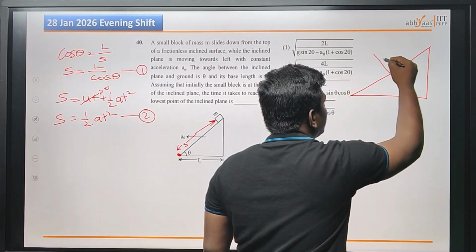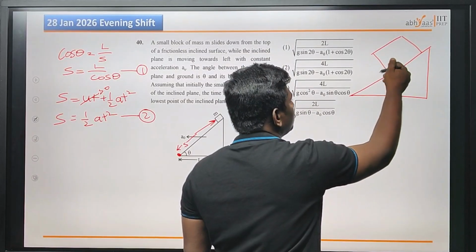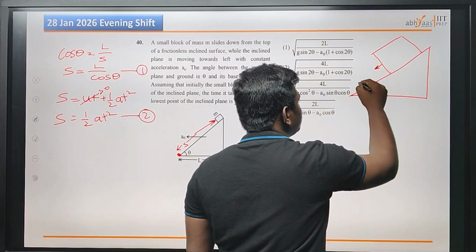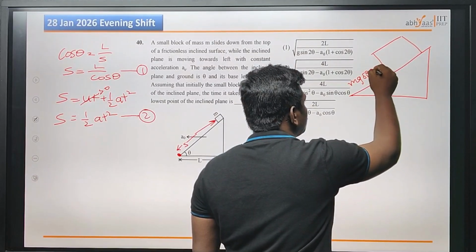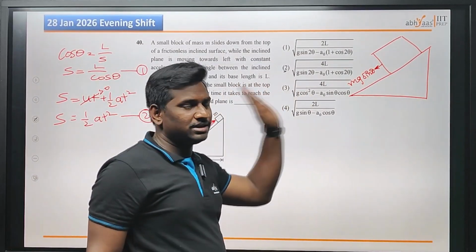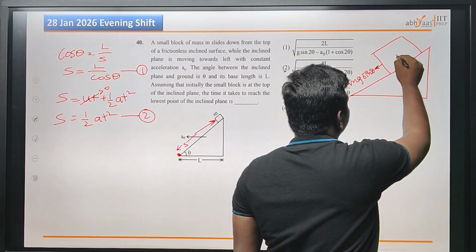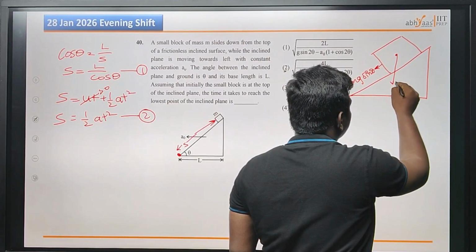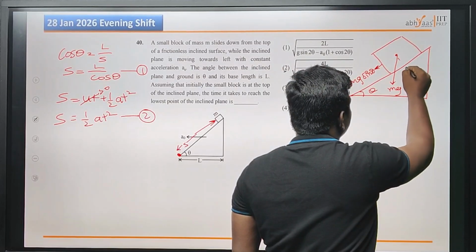This is our block at top. Assume it is at top. Downward, we are getting mg sin theta. But the block is moving left side. So at this position, you are having mg. This is theta.